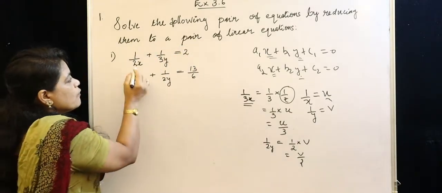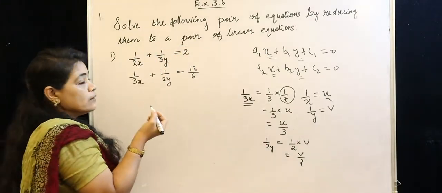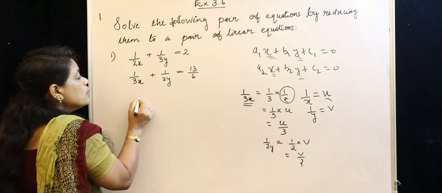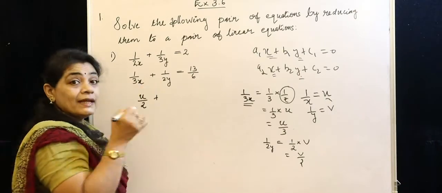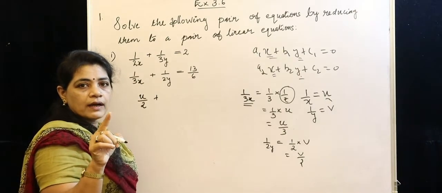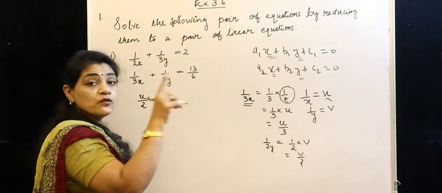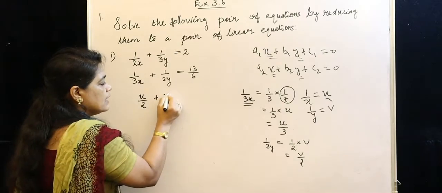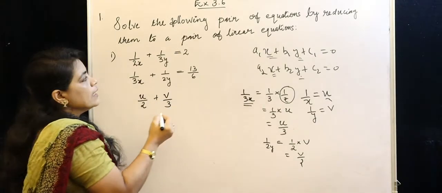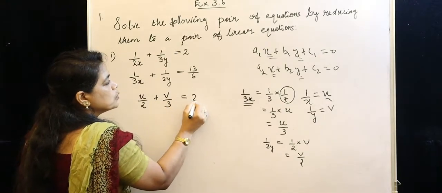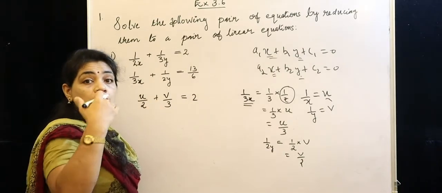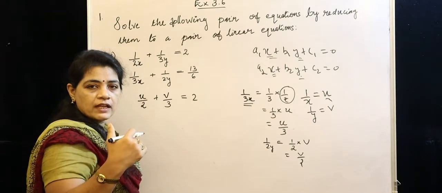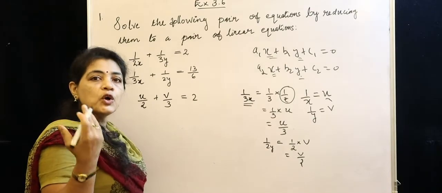In the next step, 1 by 2x. What is 1 by 2x? u by 2 plus 1 by 3y. 1 by 3 into 1 by y, and 1 by y we have given as v. So, v by 3. And that is equal to 2. Constant, there is no change in the RHS. Our aim is to replace that variable in the denominator into the numerator.